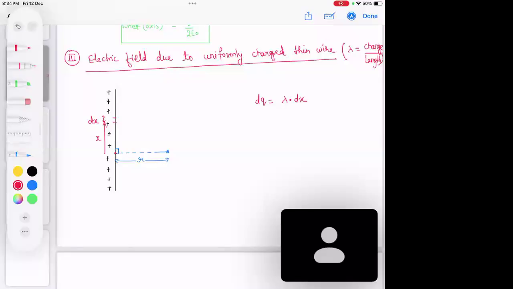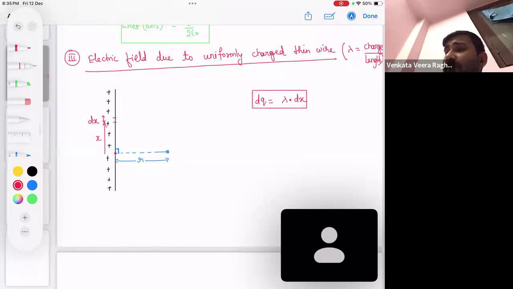Yes. Right, unitary method: lambda is the charge per unit length, and the element I have considered has a length of dx. So this small element has dq charge, which is equal to lambda into dx.